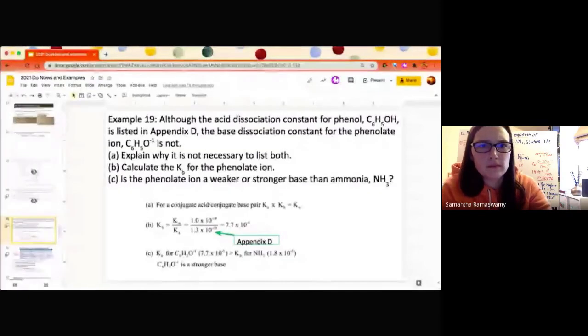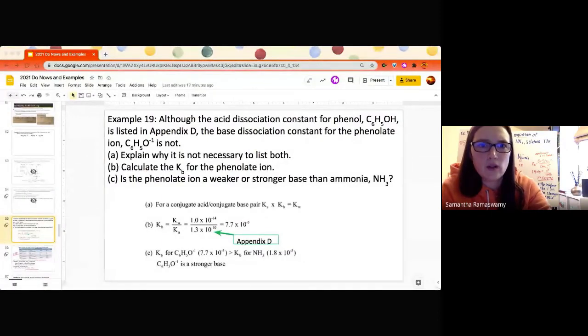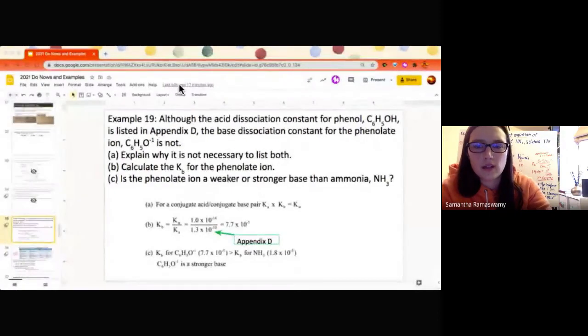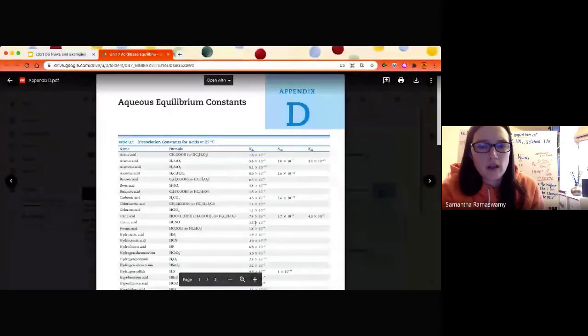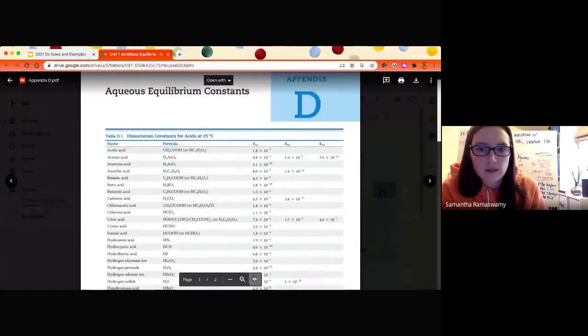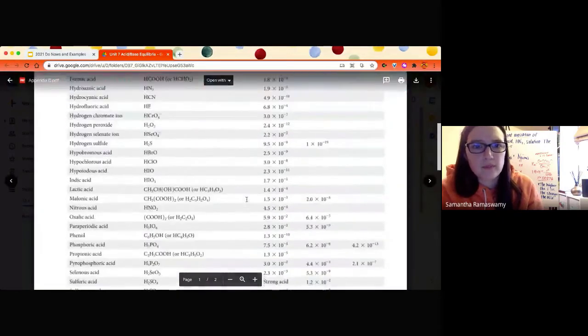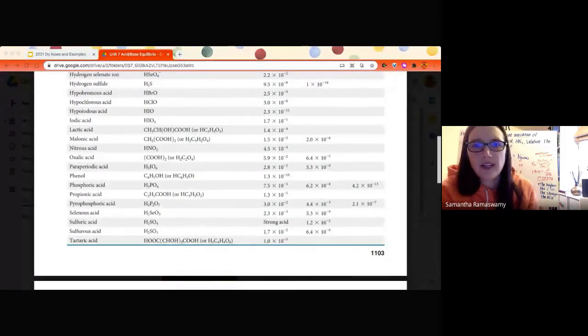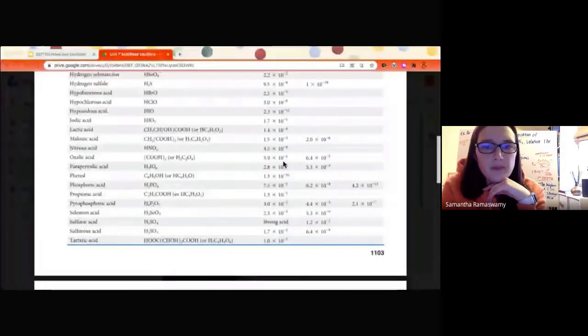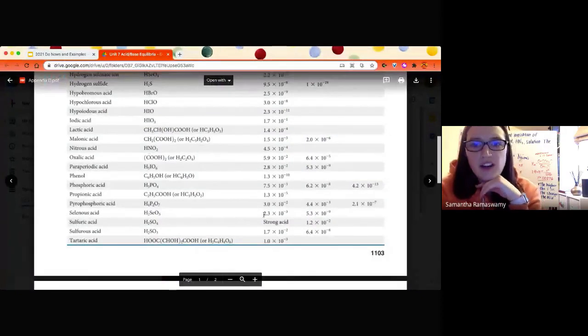And we can actually take a look. So let me pull Appendix D over, and let me zoom in a little bit. If you have Appendix D, you can see on yours as well. I'm just pulling it up on the screen. In Appendix D, on the front page, these are all the Ka values.